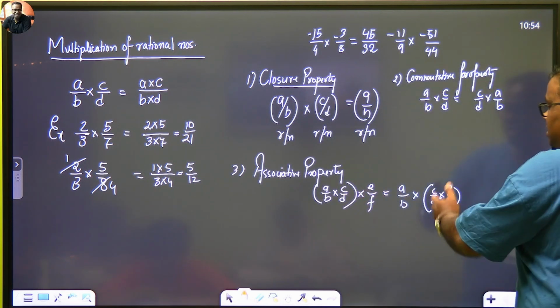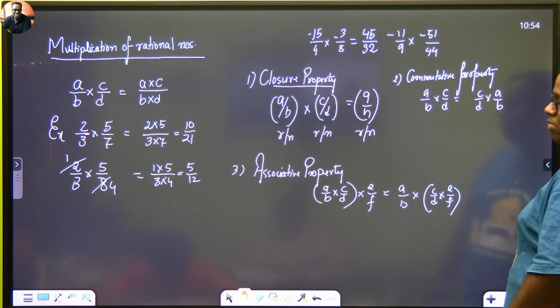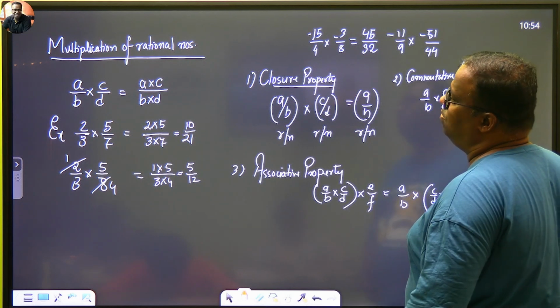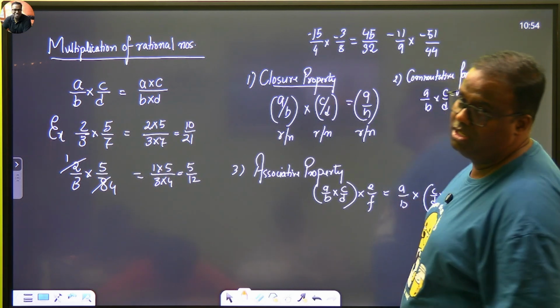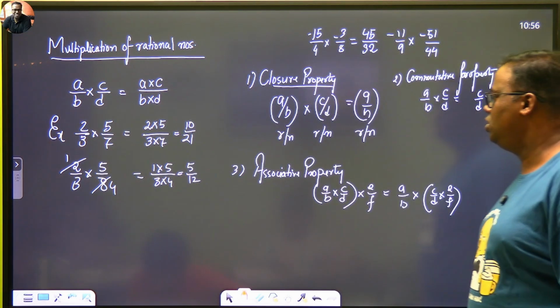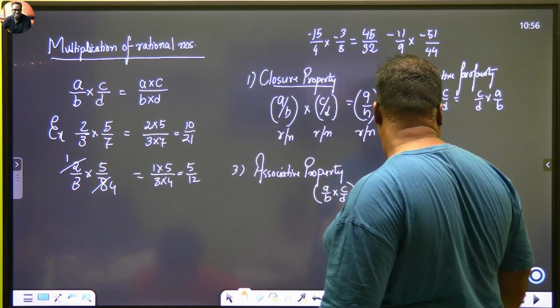You can multiply C by D with E by F first, and then multiply A by B. So given three rational numbers, associative property tells us that the order of multiplication does not hamper the final product.